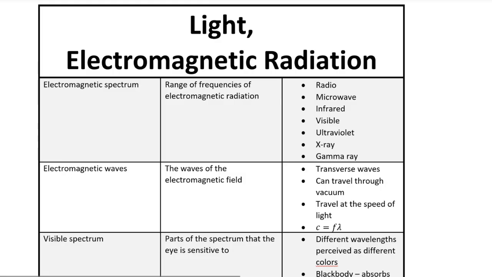Also, as light has nothing to do with particles, it is oscillations in the electromagnetic field. Light, unlike sound, can travel through a vacuum. I also stated that for a particular medium, the speed of light is a constant. For a vacuum, that speed is roughly equal to 3 multiplied by 10 to the 8 meters per second, and on the MCAT, you may assume that this is also the speed of light in air.